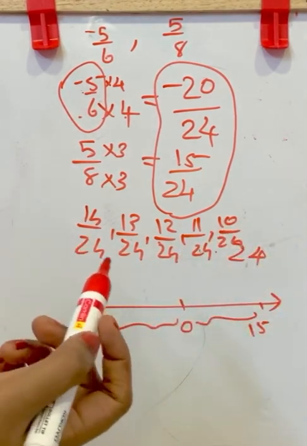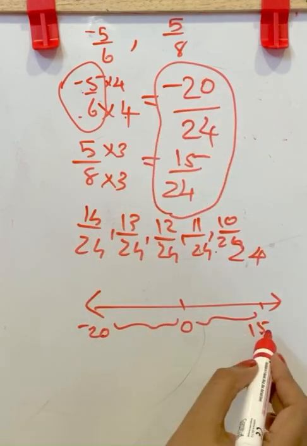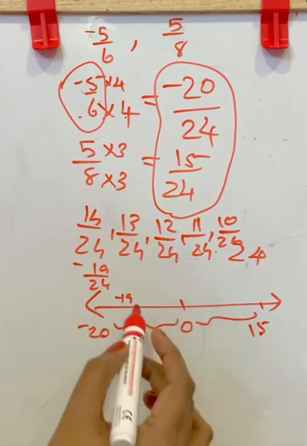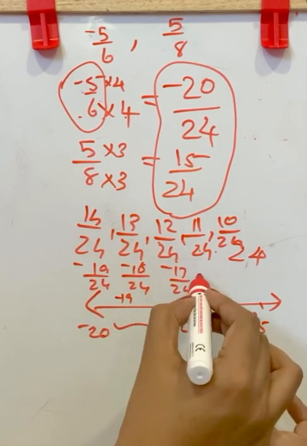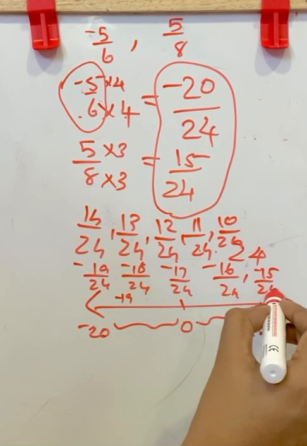Now I will write some negative values. In between negative 20 and 15, you'll have negative 19 by 24, negative 18 by 24, negative 17 by 24, negative 16 by 24, negative 15 by 24.